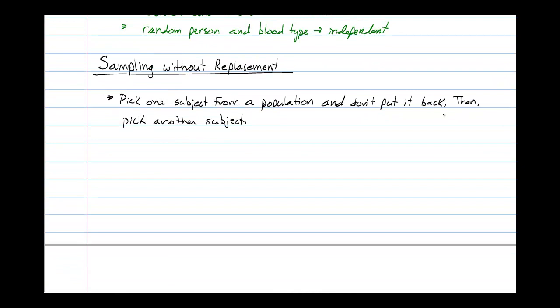For our first example, let's look at a very small population. We have a classroom, let's say, with 10 male and 10 female students.